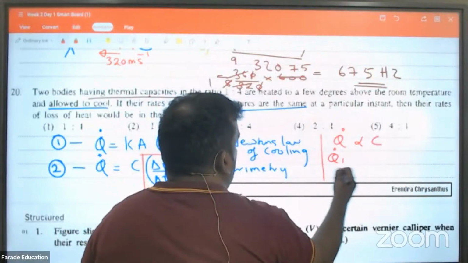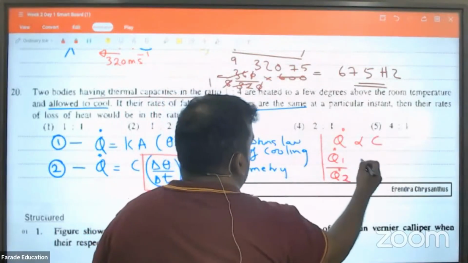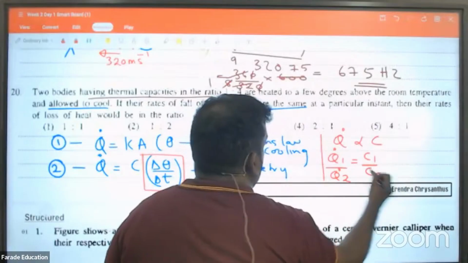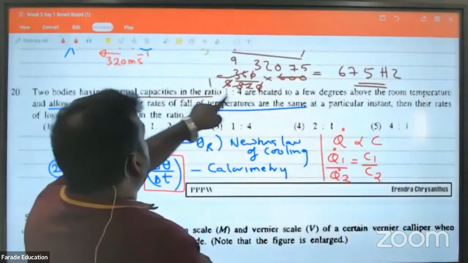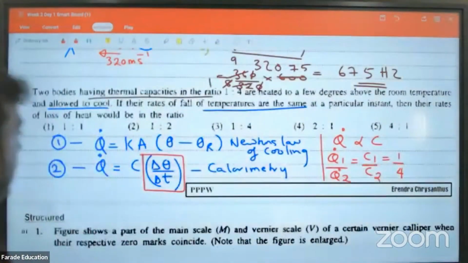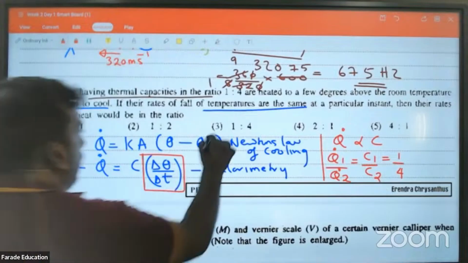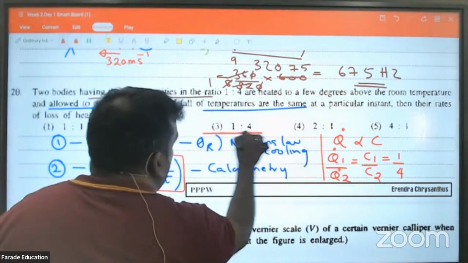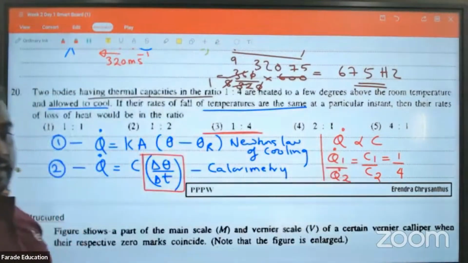Q dot 1 divided by Q dot 2 is equal to C1 divided by C2, the heat capacity. Heat capacities are in the ratio 1:4, so the rate of heat loss will also be in the same ratio.